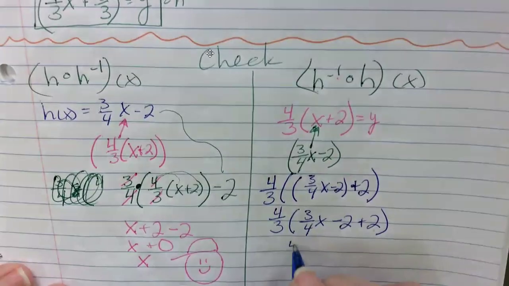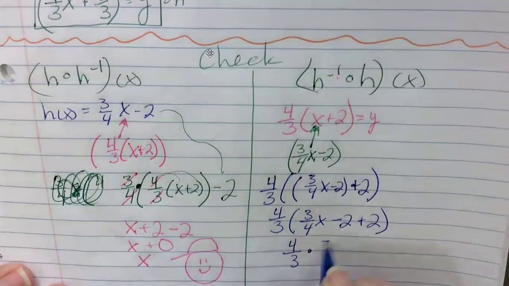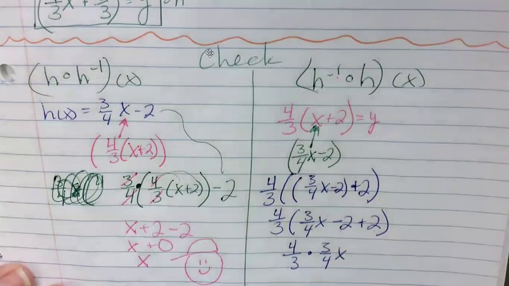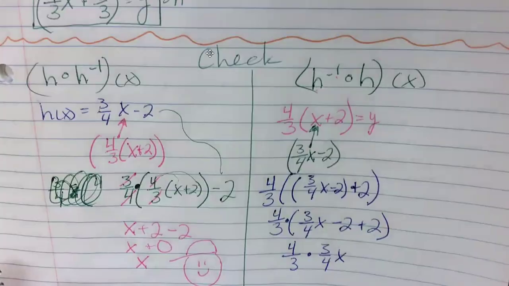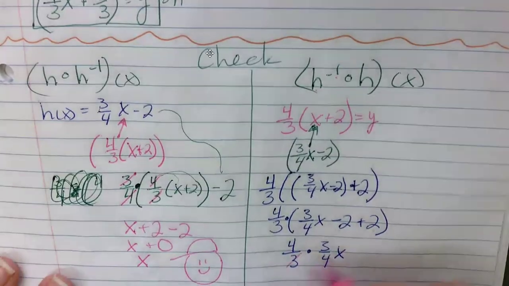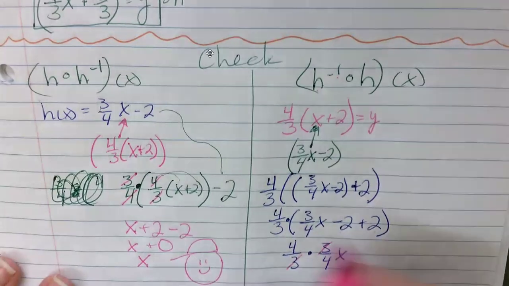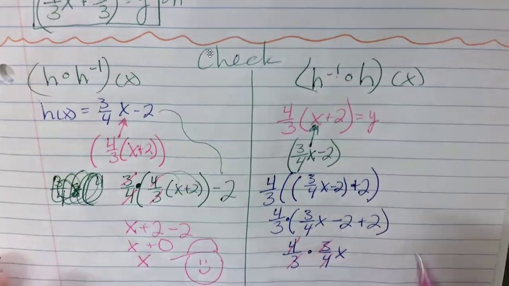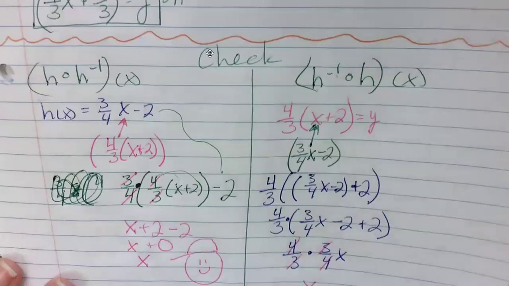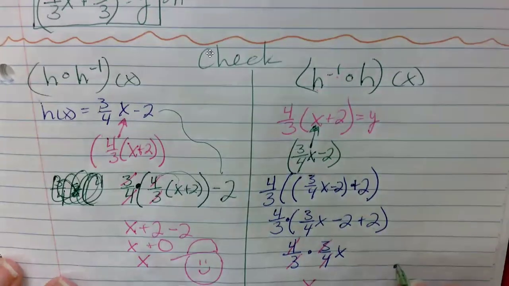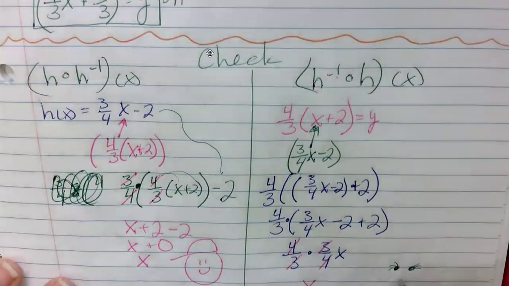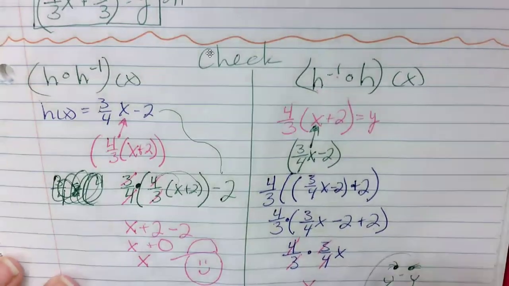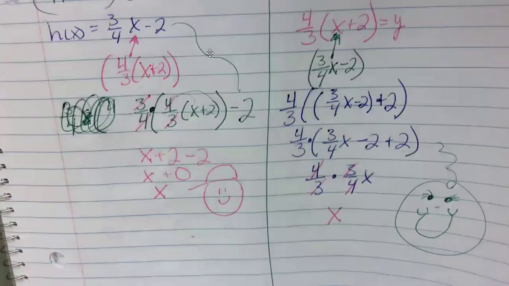So now I get 4 over 3 times 3 over 4x, right? Because sitting next to the parentheses means we're multiplying. And then this is where it's beautiful, because the 3 in the denominator, 3 in the numerator equals 1. 4 in the numerator, 4 in the denominator equals 1. We are left with x. So we're going to do big eyelashes on this smiley face.